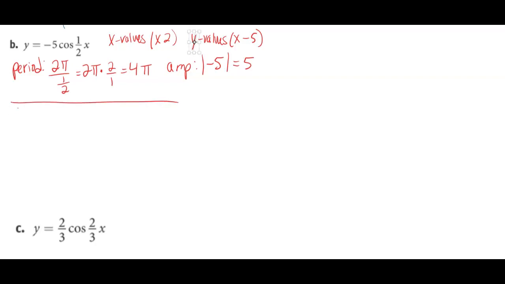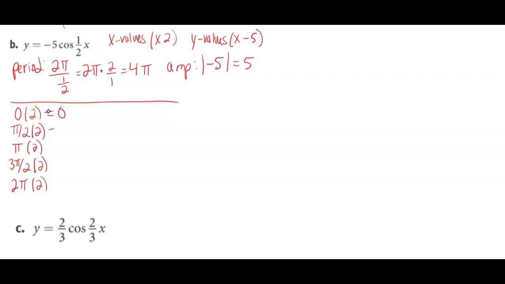So my x values, I'm going to take my 0, pi over 2, pi, 3 pi over 2, 2 pi, and we're going to double all those. With the x, we always do the opposite. So instead of dividing by 1/2, we're multiplying by 2 because that's the same thing.